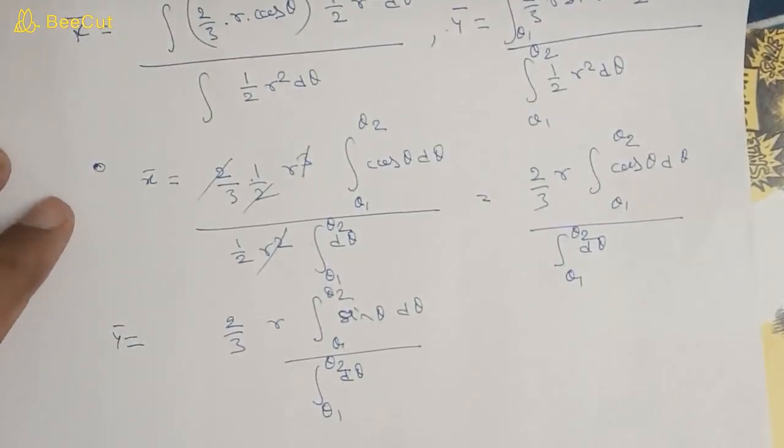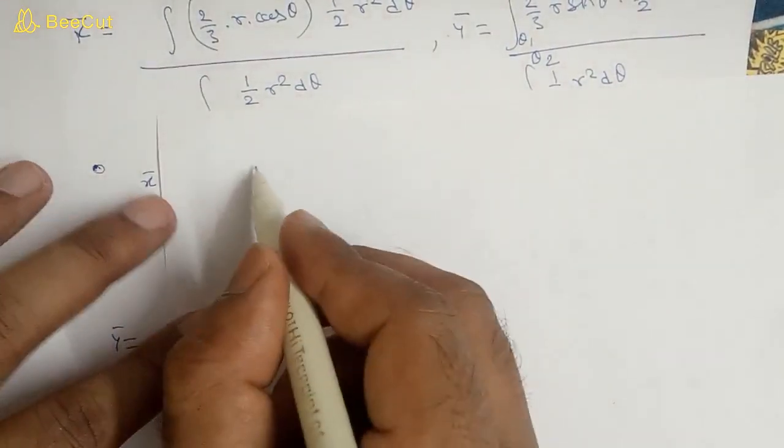Now suppose we have a quarter circle. This is a quarter circle.